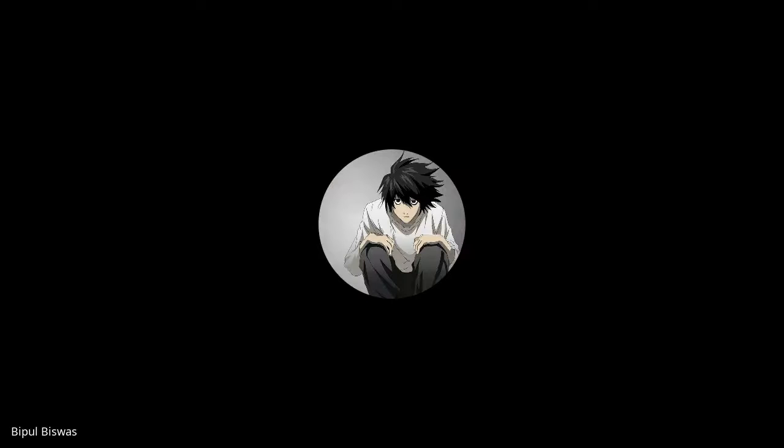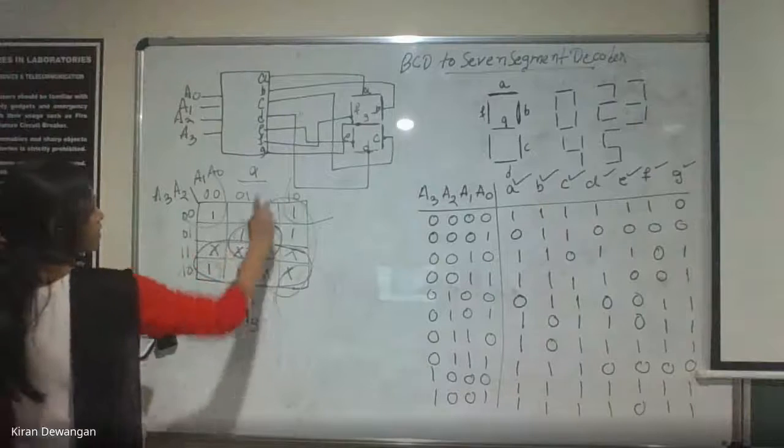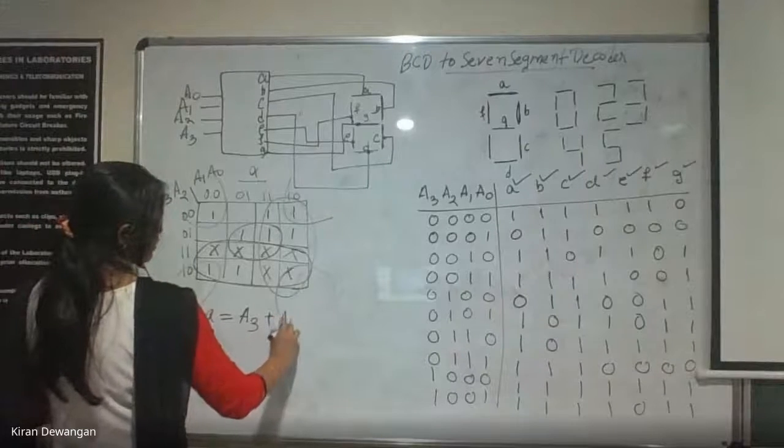D3. For this octet, A3. For this octet, A1, it will be just A1.